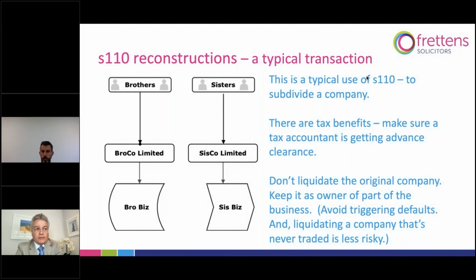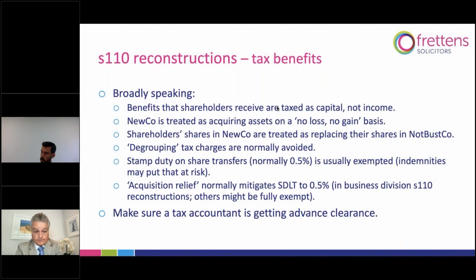And also it's quite a responsibility for anybody to review all of the contracts to make sure there are no defaults. It's something that people just tend not to do. So there are a couple of very, very sound reasons for sticking a new holding company into the group as part of the Section 110 reconstruction, and that should be part of the tax clearance as well.